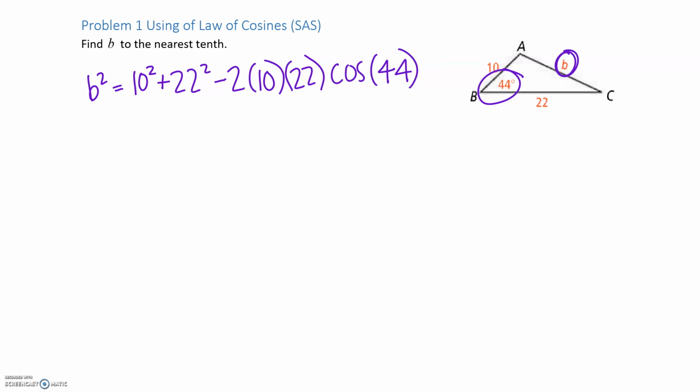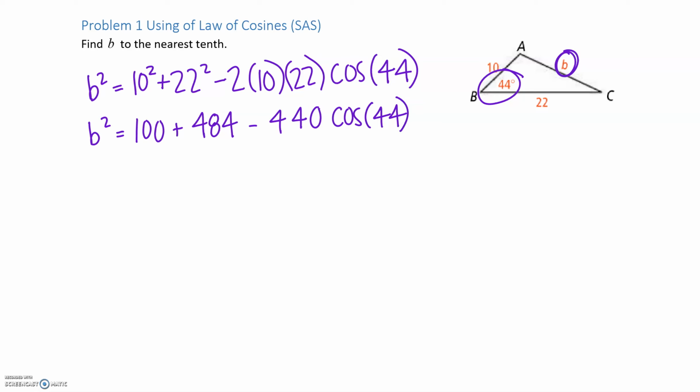Okay, so the first thing we need to do is square this 10 and this 22. That leaves us with b squared equals 10 squared is 100, plus 22 squared, which is 484, minus 2 times 10 times 22, that gives us 440, and we still have that cosine of 44.